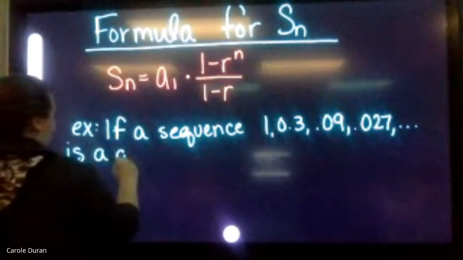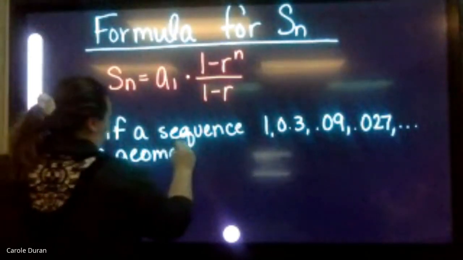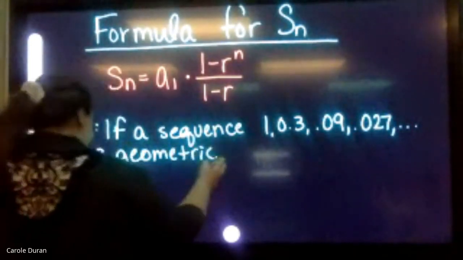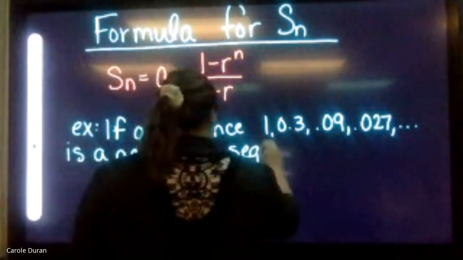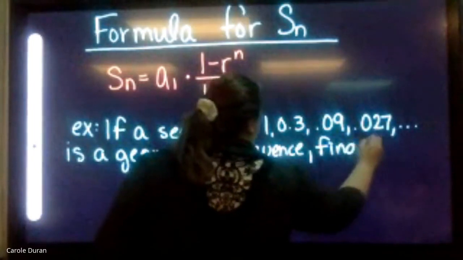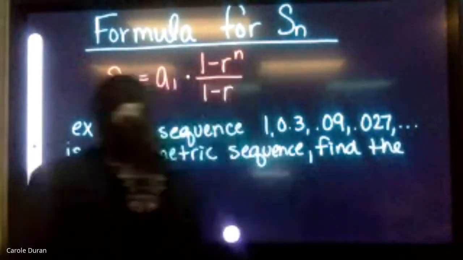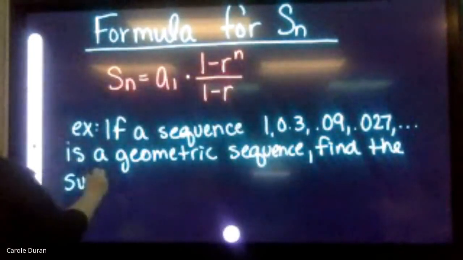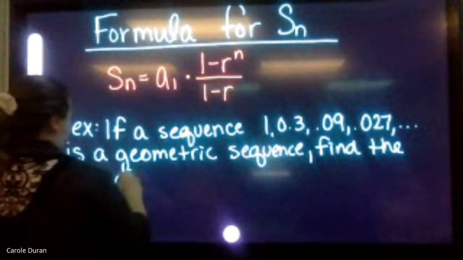We know it's a geometric sequence, so my common ratio will hold consistent throughout the whole thing. And it asks us then to find the sum of the first 5 terms.